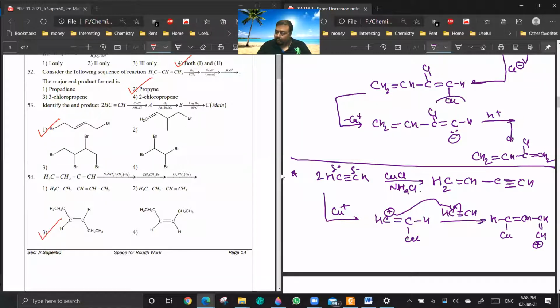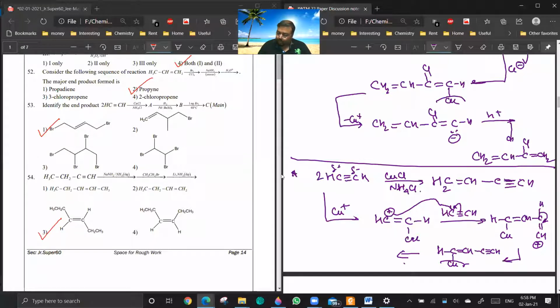Okay, and then what is going to happen is that this triple bond will come back. You'll be getting HCCu double bond CH single bond C triple bond CH, and in the last step this Cu+ will go out.